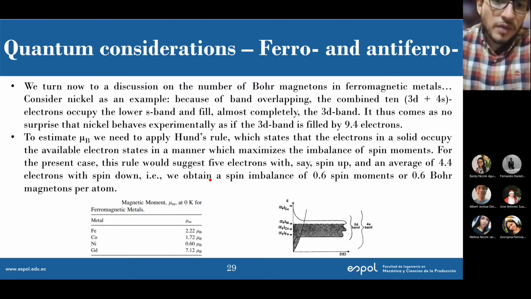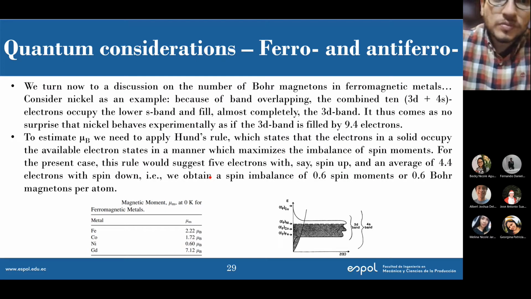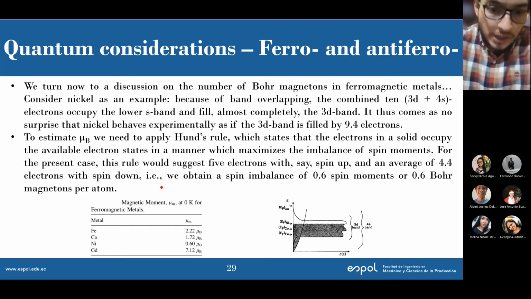So now let's go to the number of Bohr magnetons in ferromagnetic metals. So the number of magnetic moments, which is the same, right? Let's consider nickel again. Remember, nickel has the band overlapping, right? We saw that there is an overlap between the 3d and the 4s bands.